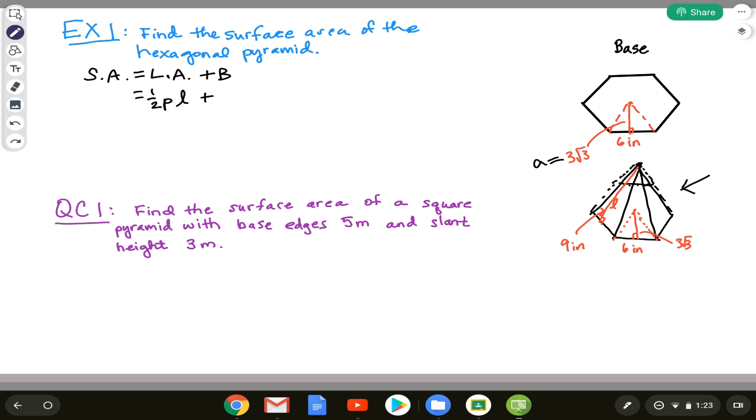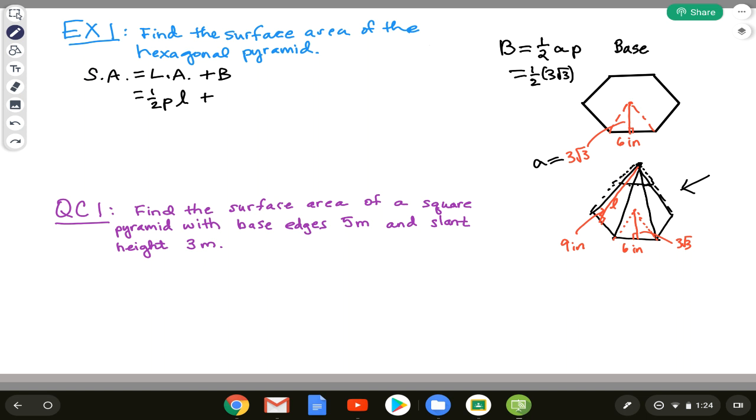Remember that the area of the base, which we did a few chapters ago, will be 1/2 the apothem times the perimeter. So that's going to be 1/2 times 3 square root of 3 times the perimeter, which is the 6-inch side times how many sides there are.